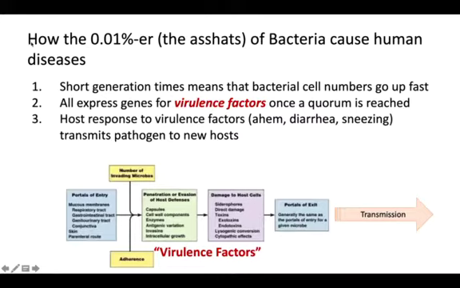Once they've entered, they will want to penetrate, invade, or avoid the host defenses. I want to mention here too, when a bacteria or pathogen enters, two factors come into play in aiding the infection.